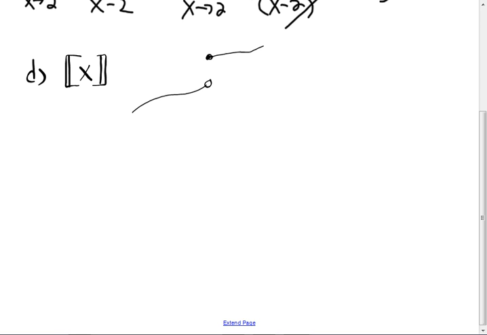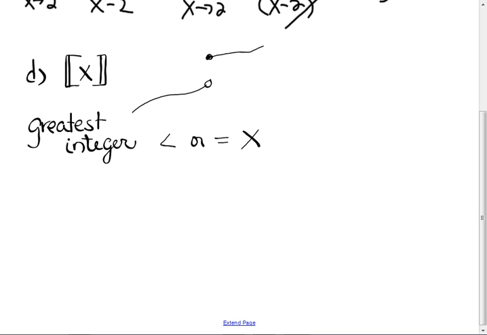Well, this is nice because I get a nicely defined function that looks like steps. And so you have to know what it means. It's the greatest integer that's less than or equal to whatever's in there, to x.